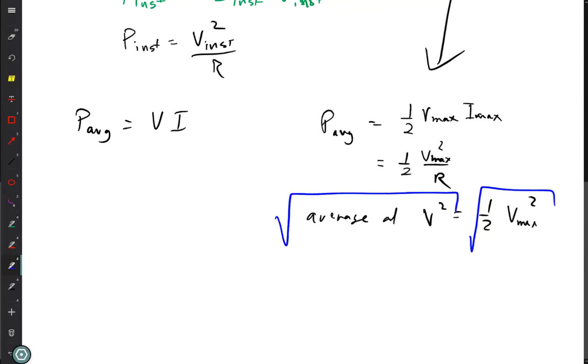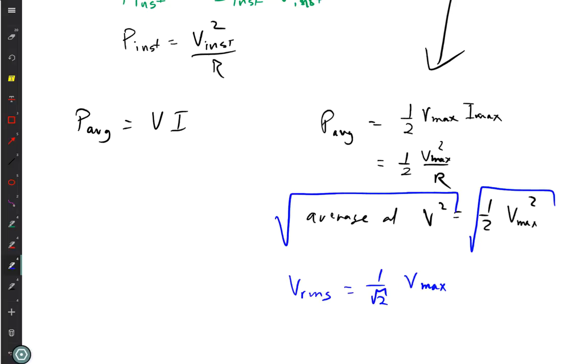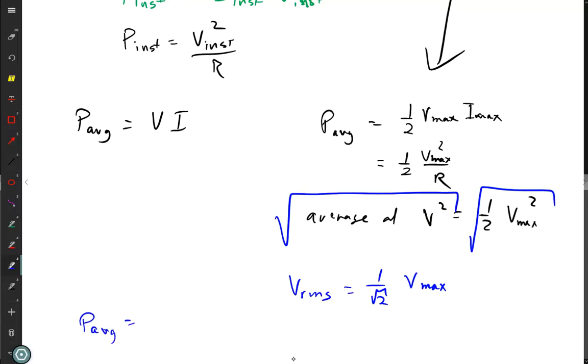And that's what we call the RMS. So VRMS is equal to 1 over square root of 2 times Vmax, right? Because Vmax squared, when you square root, it just becomes Vmax again. And square root of 1/2 is 1 over square root of 2. And then we put that in and we say the power average is equal to VRMS squared over R, or VRMS times IRMS.